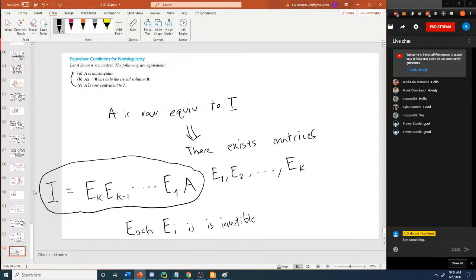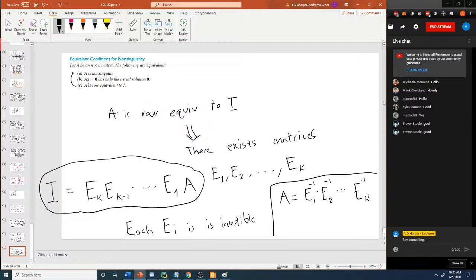And if I do that, then I find that A is equal to E1 inverse times E2 inverse times blah, blah, blah, EK inverse.